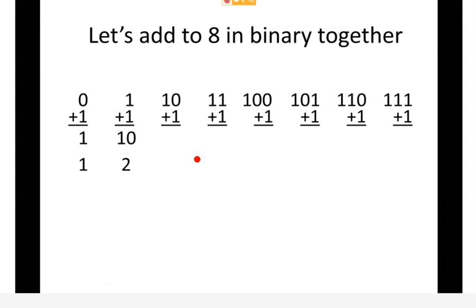A little more obvious when we see it later on. 10 plus 1 is 11, right? So we have 1 in the 2's column plus 1 in the 1's column, which gives us the 3.